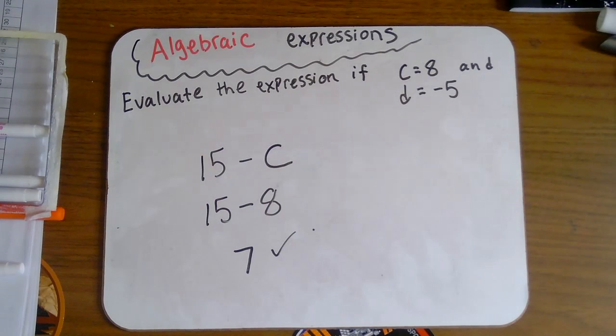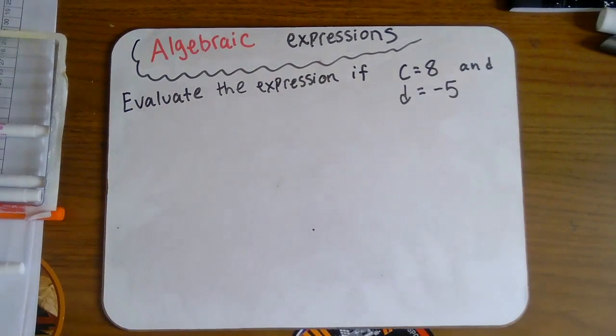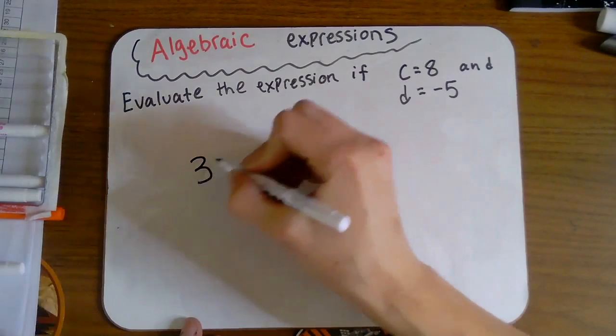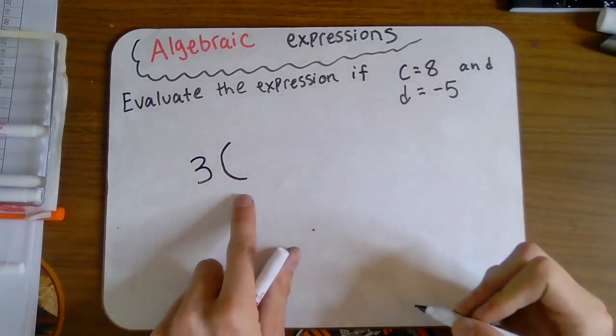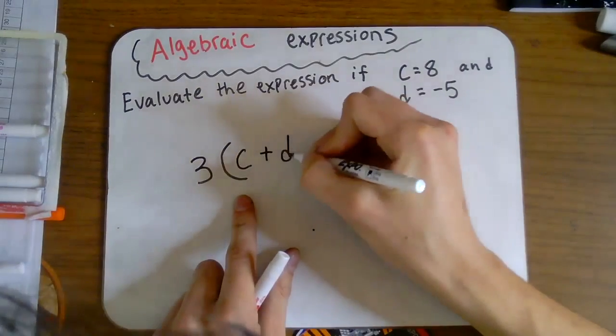Let's see if we can make this a little bit more complex by adding some more algebraic expression notation here. So let's say we have something like this. We have 3 times the amount of c plus d.